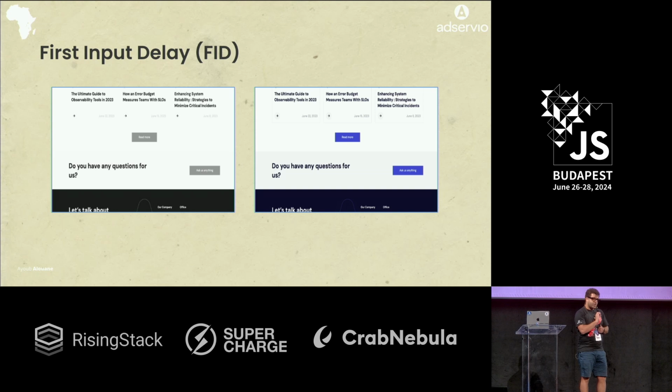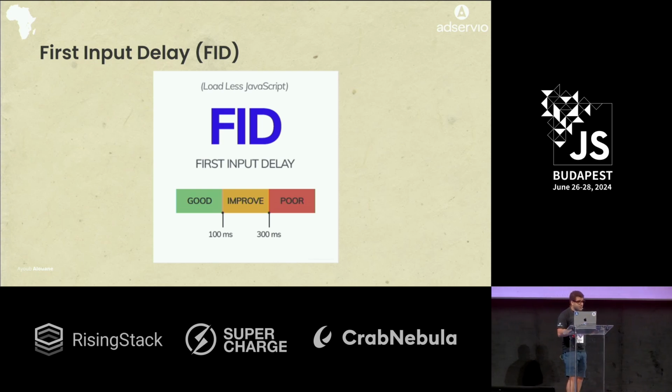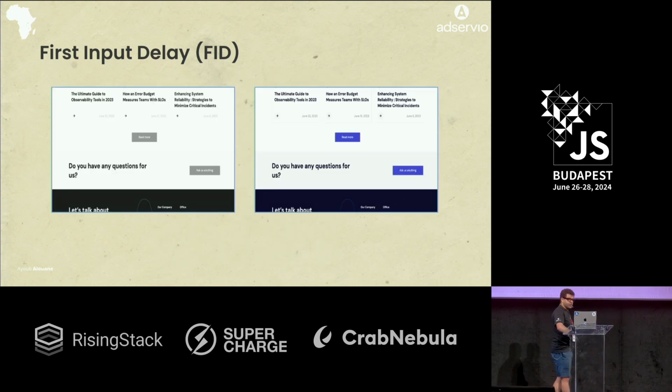It was waiting for the JavaScript to be downloaded and executed. And Google is using this metric to measure the time between when this element is in the page and when it's interactive. If it takes more than 300 milliseconds, that's not a good user experience, and that will impact your ranking in Google search.